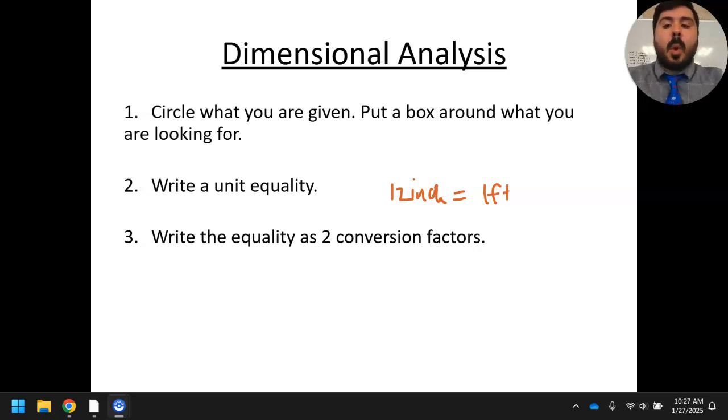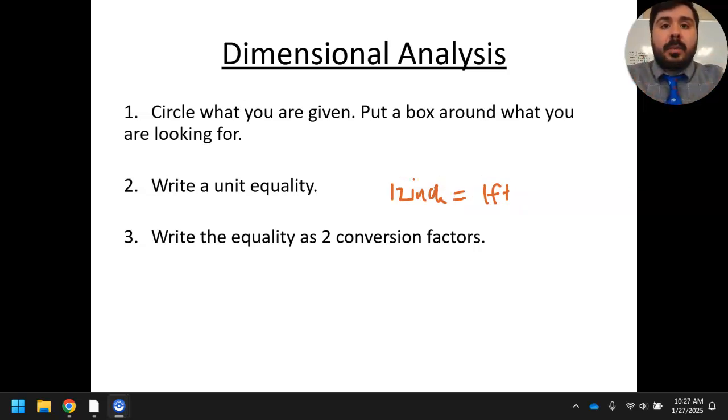Well, how do I take this one unit equality and create 2 conversion factors out of it, okay? Essentially, guys, you're taking each of these measurements here, this 12 inches and this 1 foot, and we're creating fractions with them, right? That's it. We're creating a fraction with both of them.